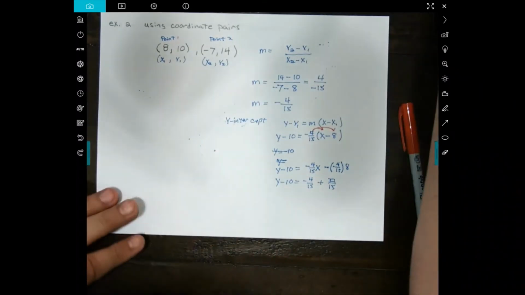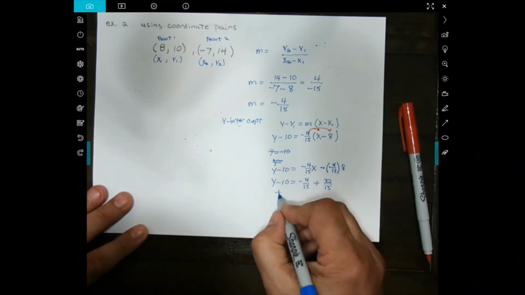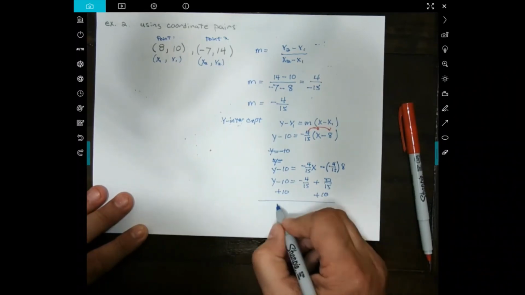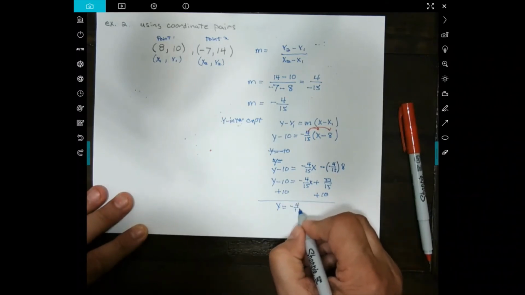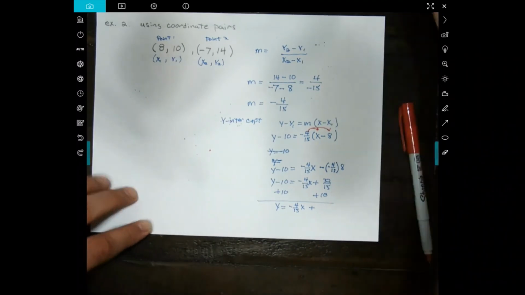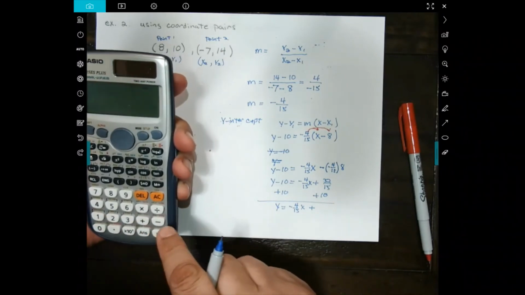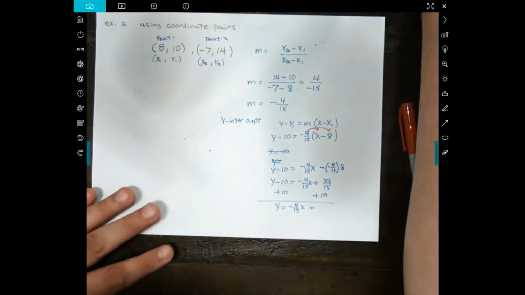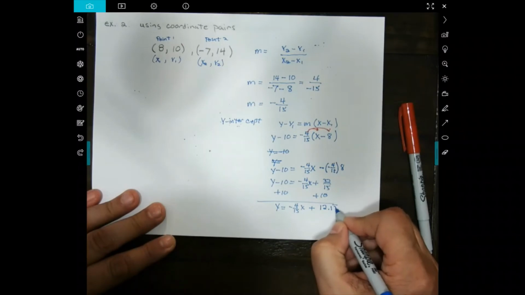And that won't reduce. So now I need to add 10 to both sides, plus 10, plus 10. And that gives me y equals negative 4 15ths x plus 32 over 15 plus 10, and I'll just make that a decimal, that's plus 12.13, and it's a repeat.